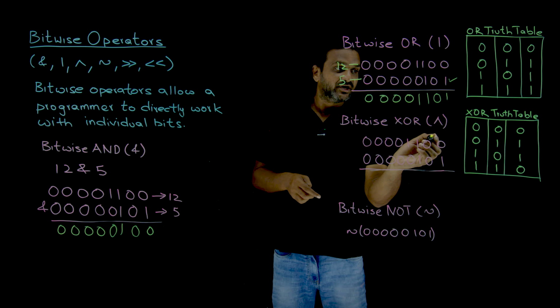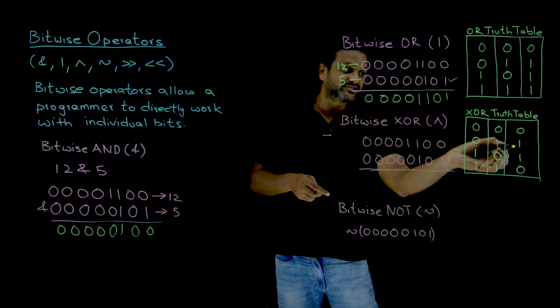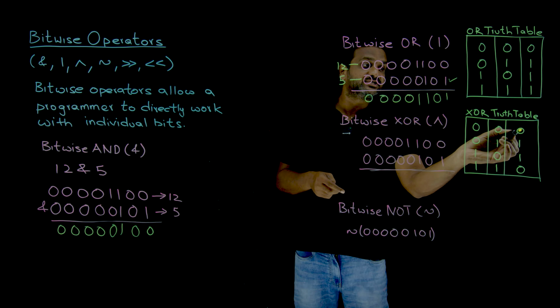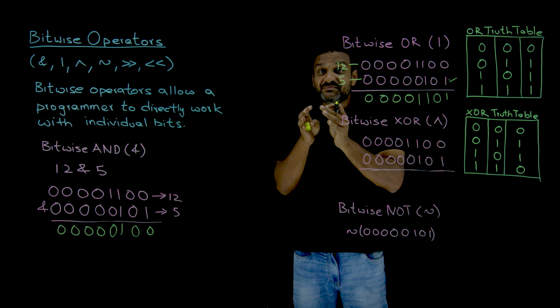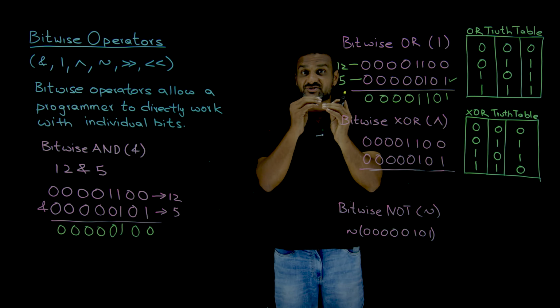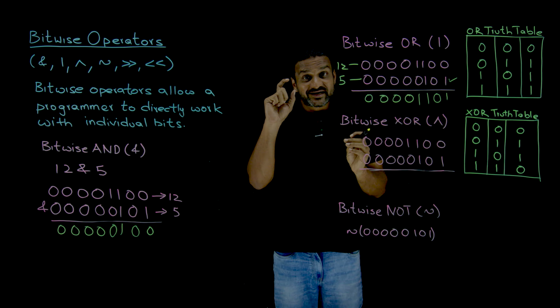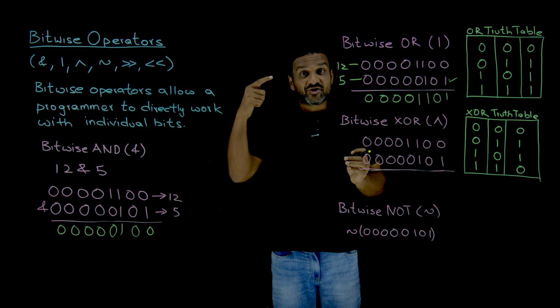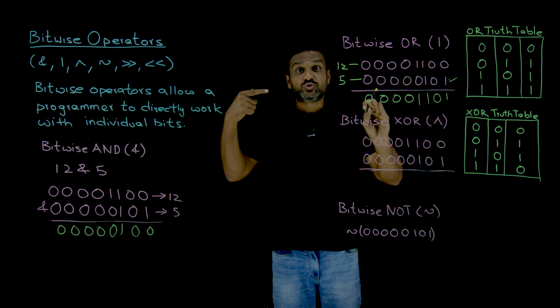Okay. So now see the truth table of XOR. The logical understanding of this exclusive OR is very important. So what is the logic that we are going to get from this exclusive OR? If both the bits are same, produce an outcome of 0.